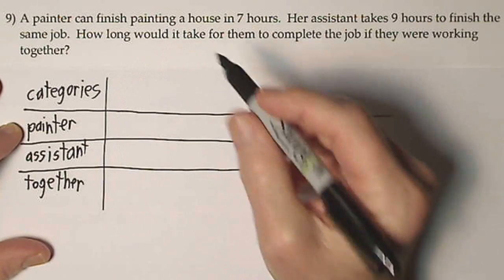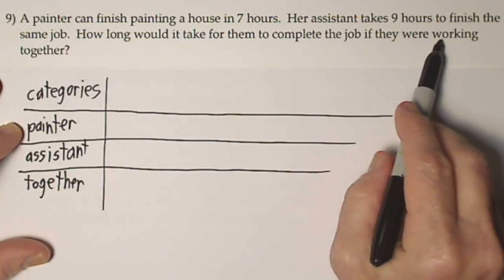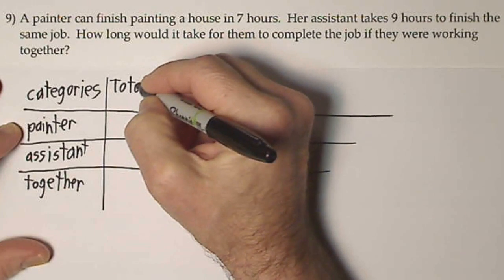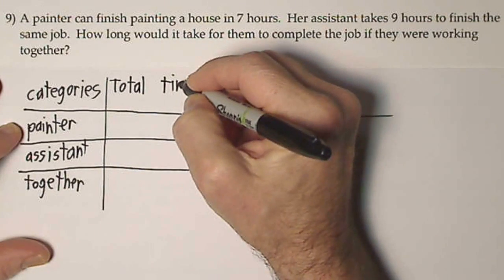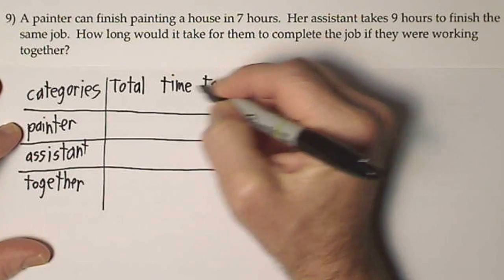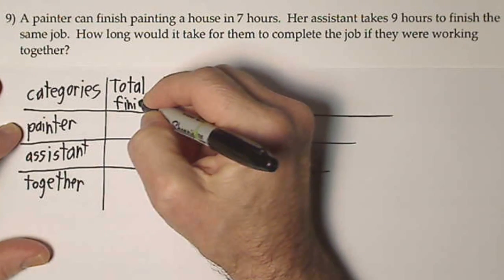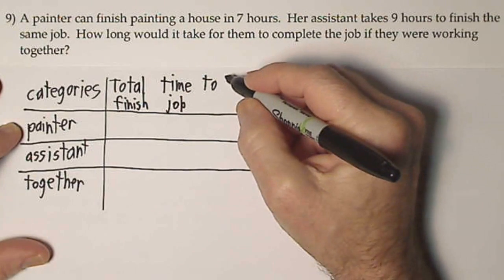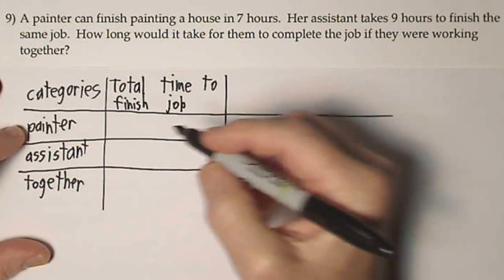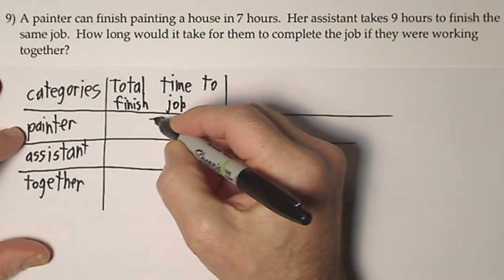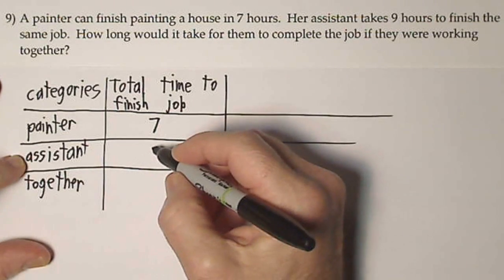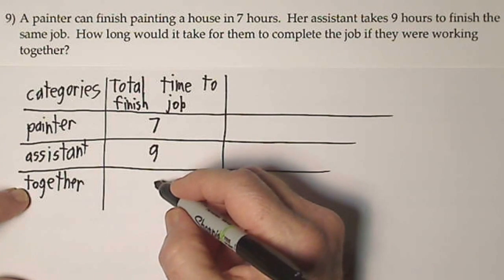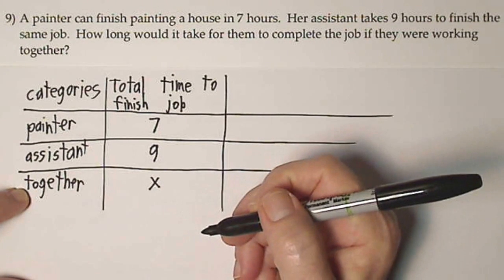They talk about the total time to finish the job. For the experienced painter, it's 7 hours. For the assistant, it's 9 hours. And together, we don't know how long it will take, so we'll use our variable.